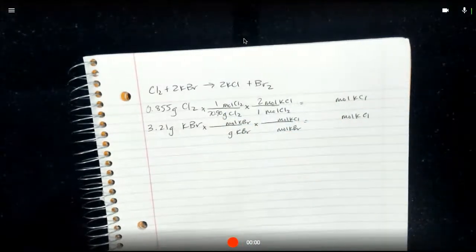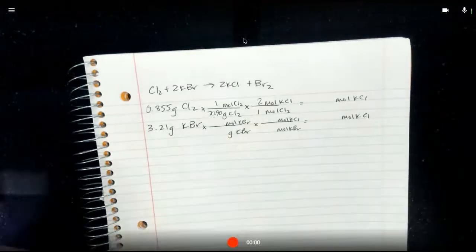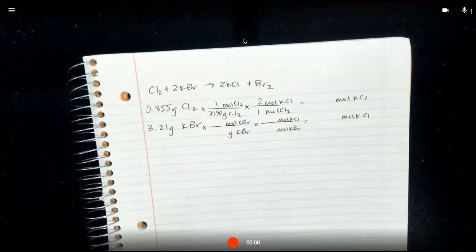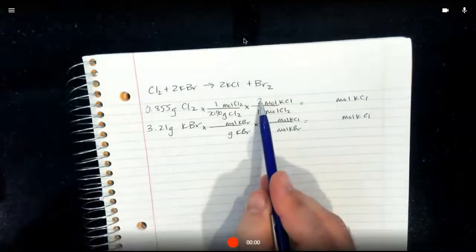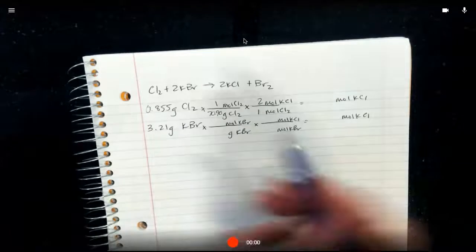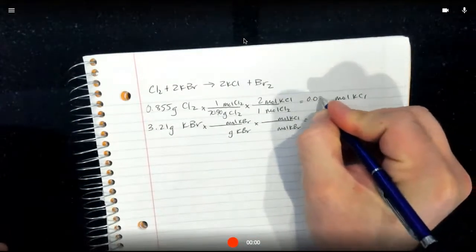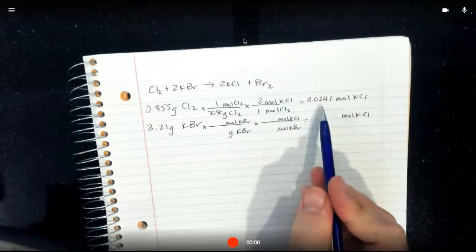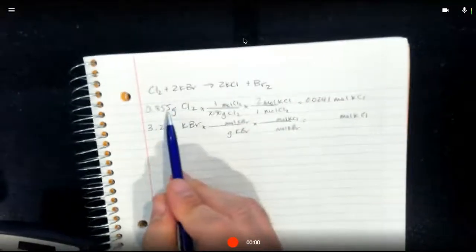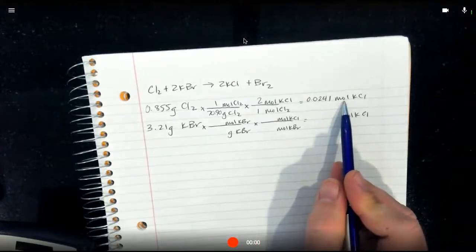So we have 0.855 times 1, divided by 70.90 times 2, and that will give us 0.0241. So if we react all of this chlorine, this is the maximum amount of product that we could get if this was in excess.